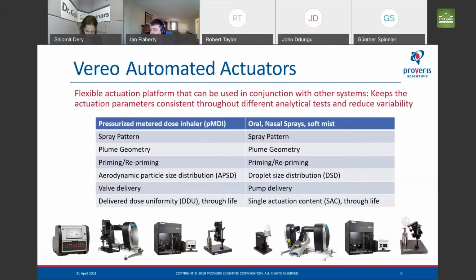We currently have 4 different models that will allow you to test different device types: pMDIs, vertically actuated nasal sprays, oral sprays, side actuated nasal sprays, dual squeeze nasal sprays, just to name some of the major ones.